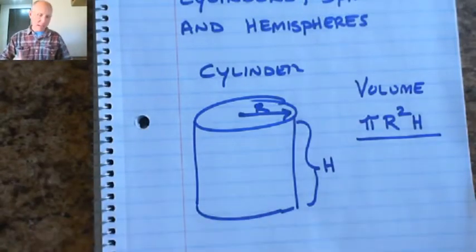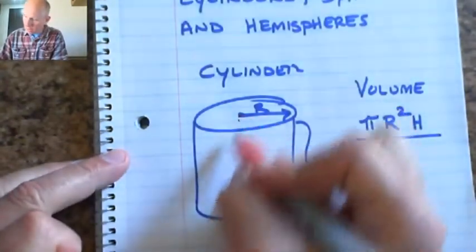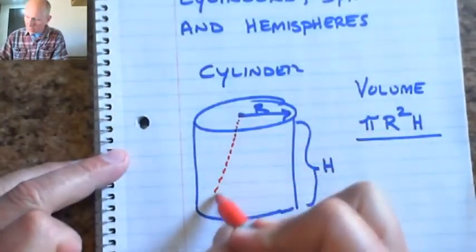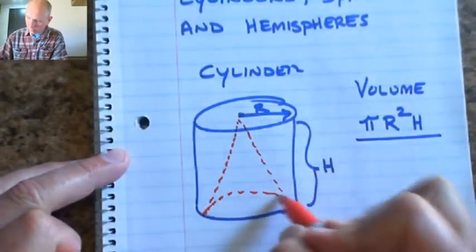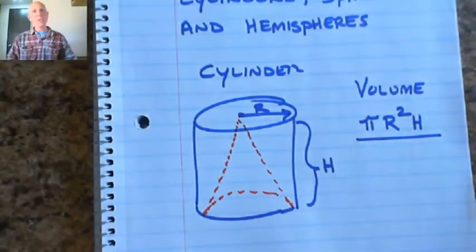Now imagine I take that cylinder and I shave off the sides of it and I turn it into a cone. So can you see how there's actually a cone inside of that cylinder?